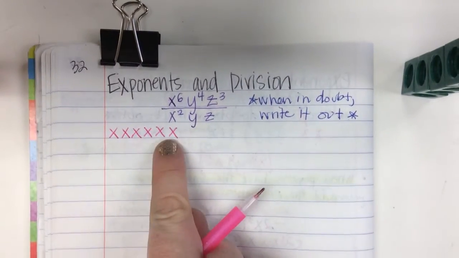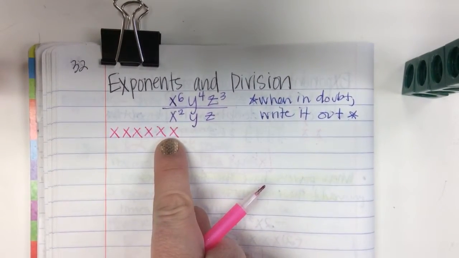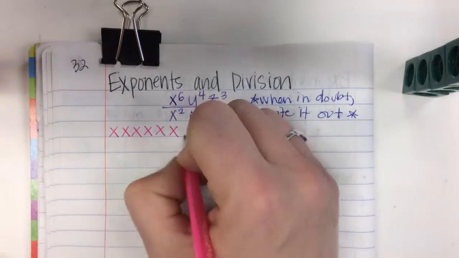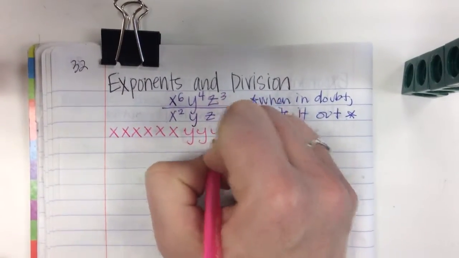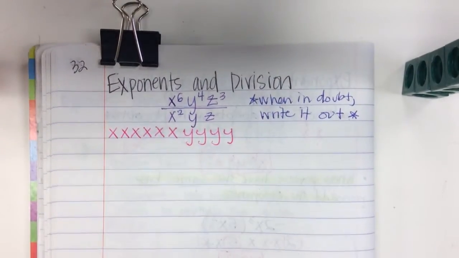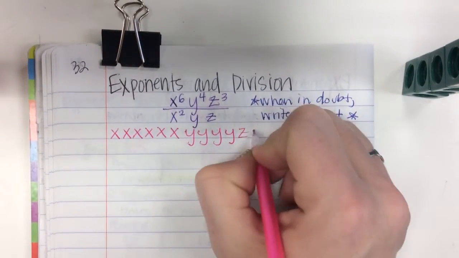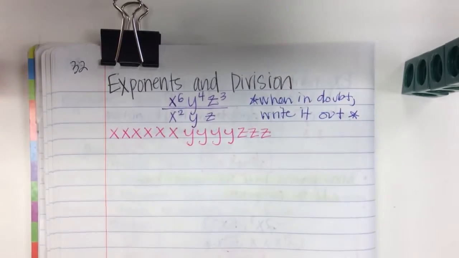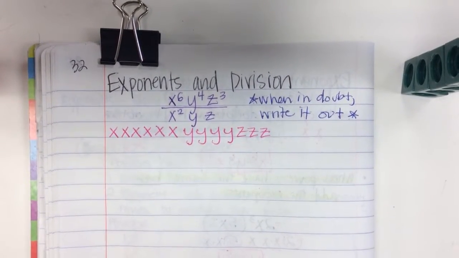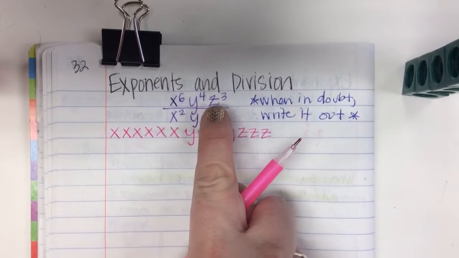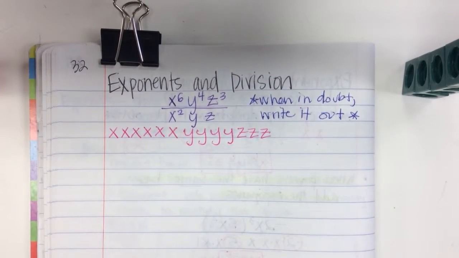There are 6 x's. Then there are 4 y's. And there are 3 z's. That's my numerator. That's what x to the 6th, y to the 4th, z to the 3rd looks like.